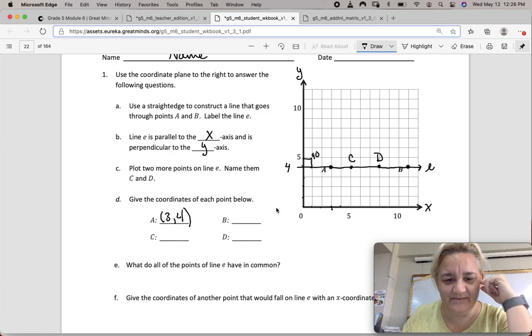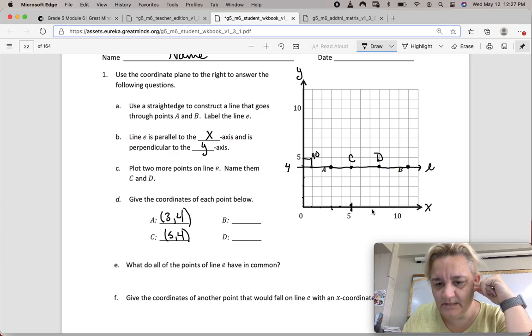And coordinate C, which I just put in there, is 5, 4. Coordinate B is, let's see, 0, 1, 2, 3, 4, 5, 6, 7, 8, 9, 10 is right here. So this would be 11, and my y-coordinate is on that line, so it's 4.